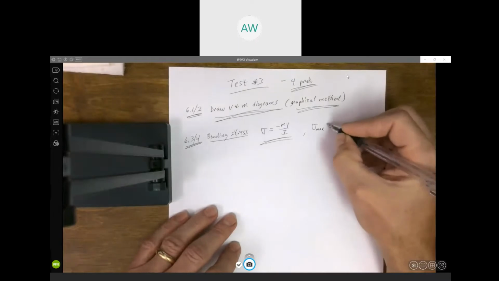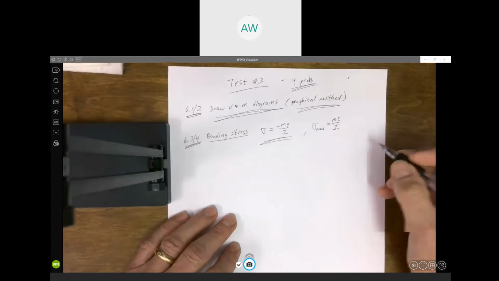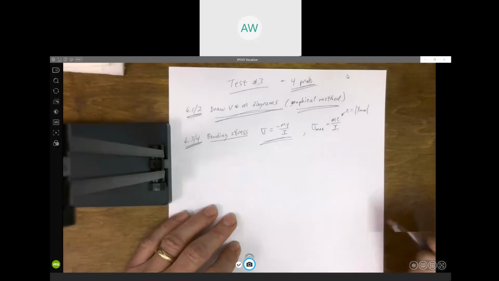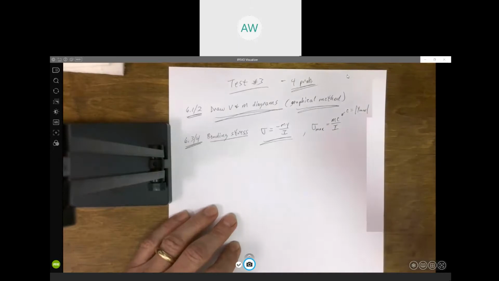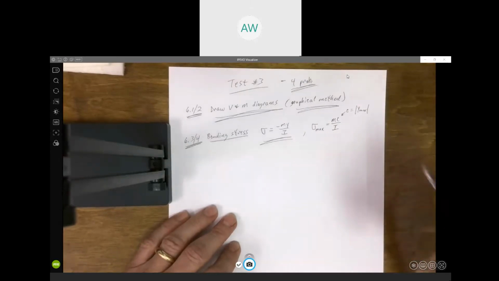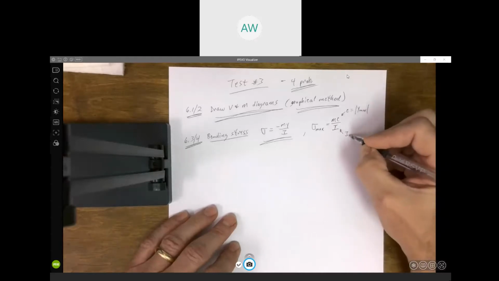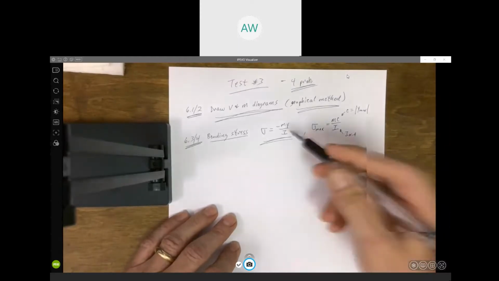Sigma max equals Mc over I, where, again, c here is just the largest y distance you can get, so the largest vertical distance away from the neutral axis. Remember the neutral axis, that's what I is. This is the moment of inertia about the neutral axis. M is the bending moment.